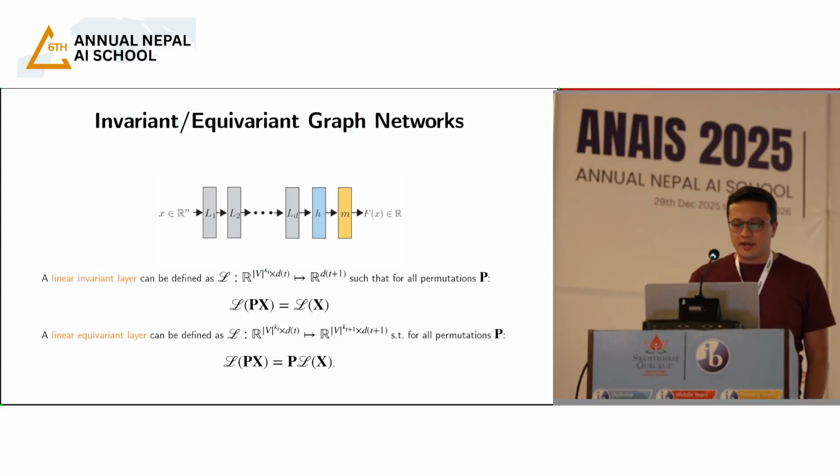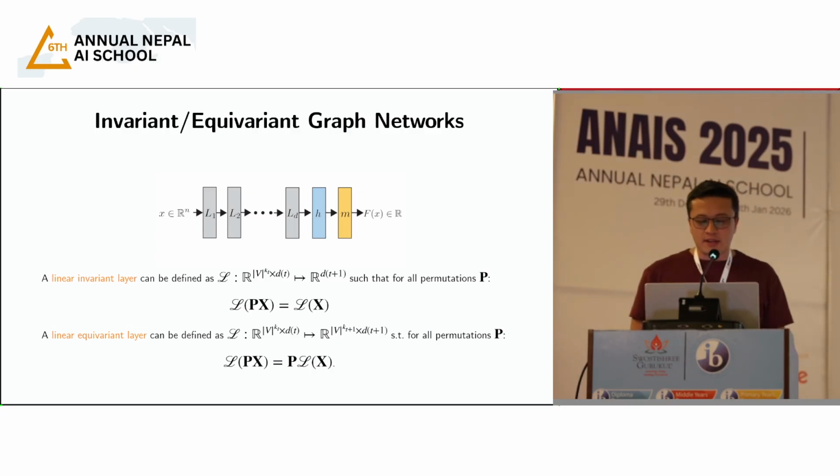More formally, we can define linear invariant layers as shown here. So what I'm interested in is defining an invariant layer. So what does that mean? It means when I permute the feature matrix, the result should not change. Well, yeah, I can parameterize such an invariant layer. And I can also define linear equivariant layers, similarly to before, using very, very high tensors, of course.